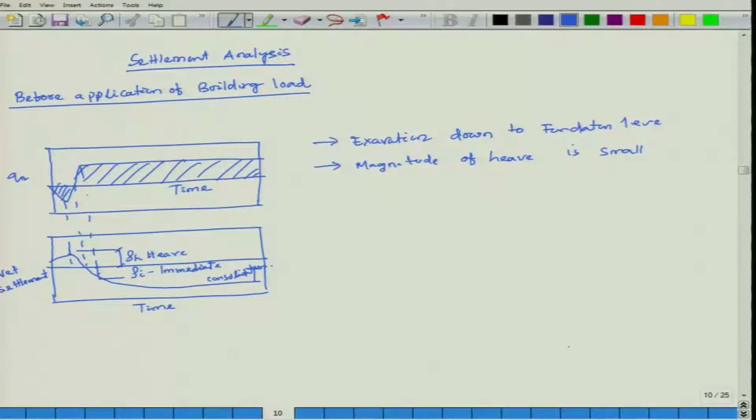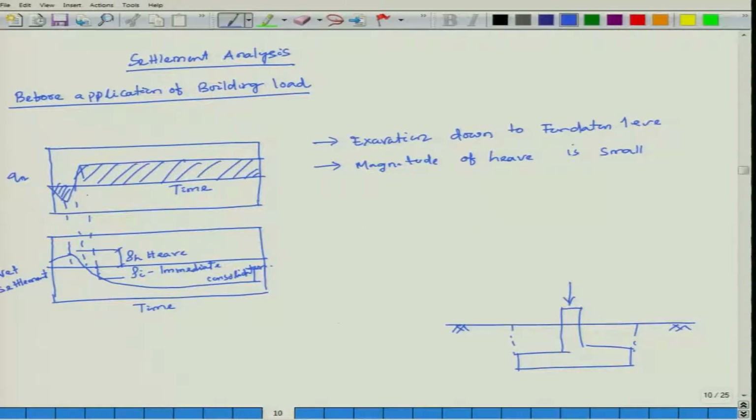Look here, there is a ground surface, and suppose you want to construct a strip footing or maybe an isolated footing. Below the ground surface you do the excavation and take out the soil.